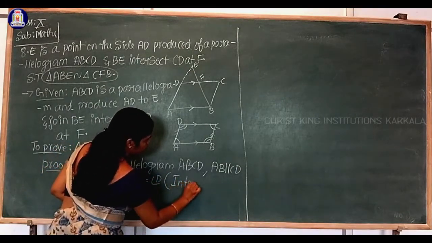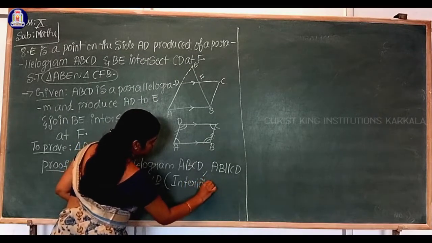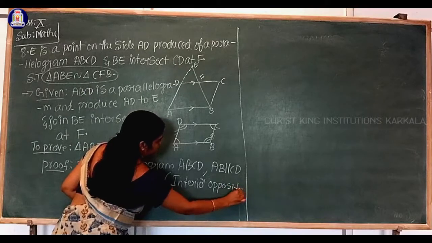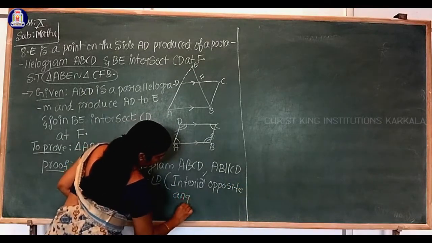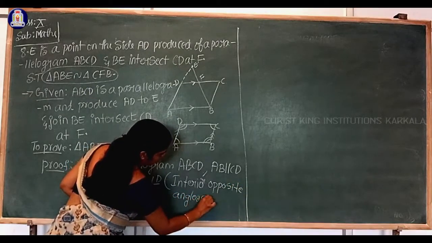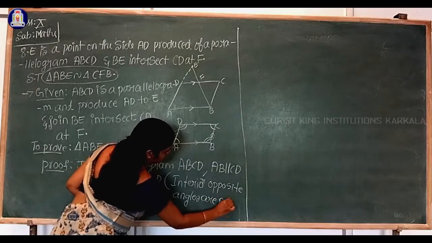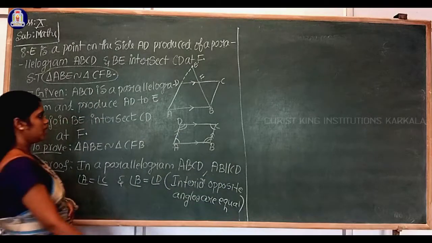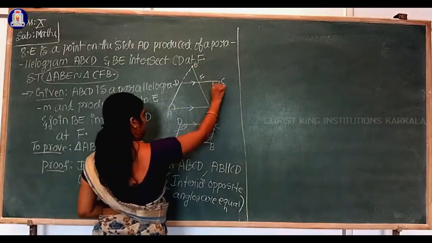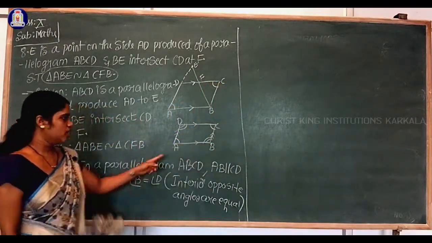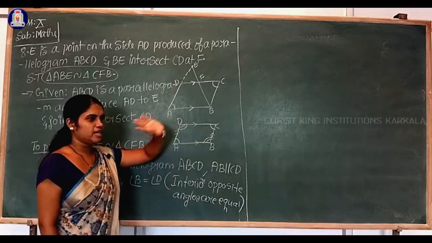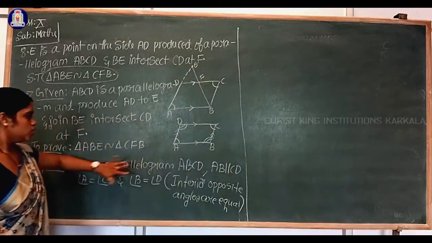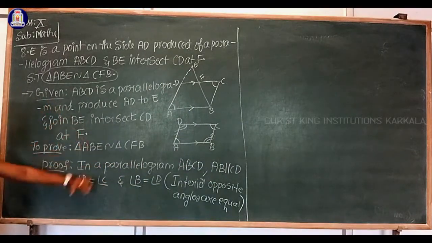Interior opposite angles are equal. I'll write only angle A is equal to angle C; the remaining angle B equal to angle D, no need to mention. So this is the beginning step.